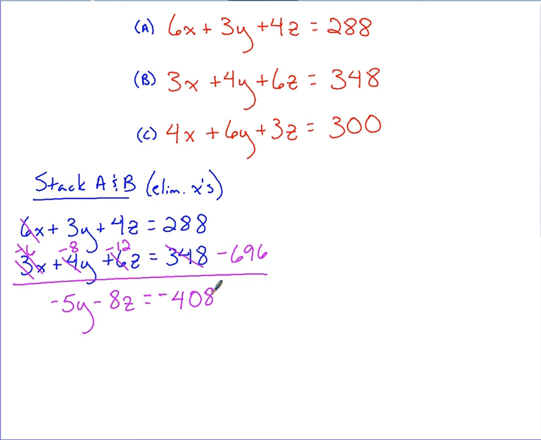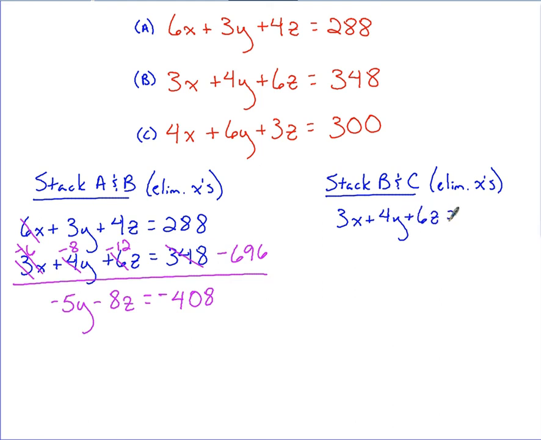Now what I'm going to do is stack B and C. Since I eliminated the x's on this other stack, I'm going to eliminate the x's over here. So stacking B and C, we've got 3x plus 4y plus 6z equals 348 over 4x plus 6y plus 3z equals 300.